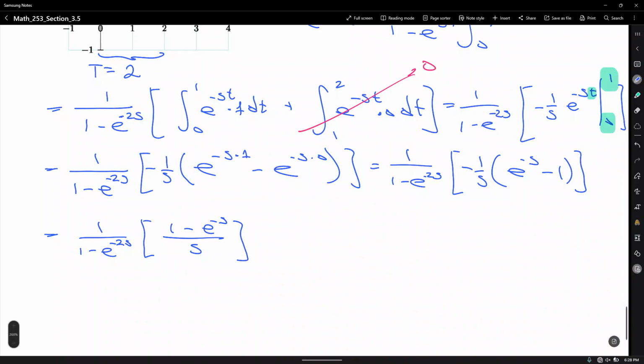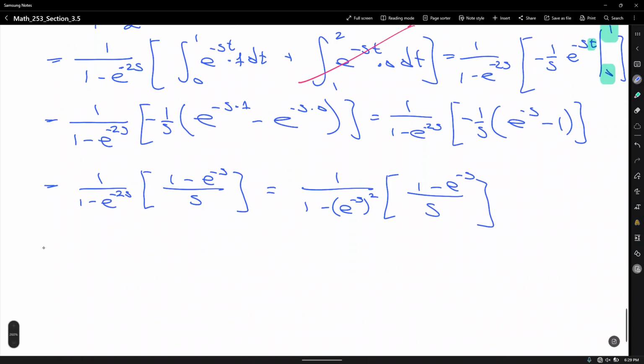However, did you see this e to the negative s, e to the negative 2s? I'm going to express this as a difference of squares. E to the negative s squared, and 1 minus e to the negative s over s. Do you guys agree that in the denominator we have a difference of squares?